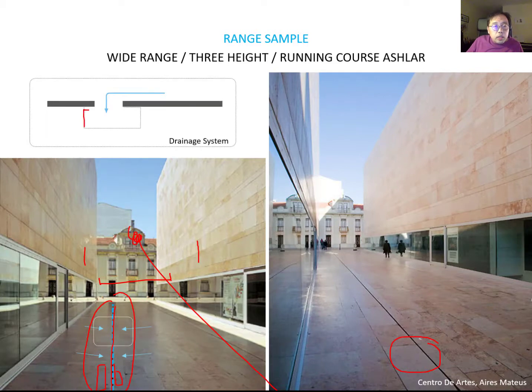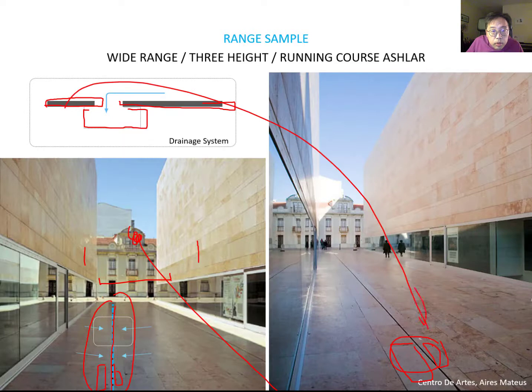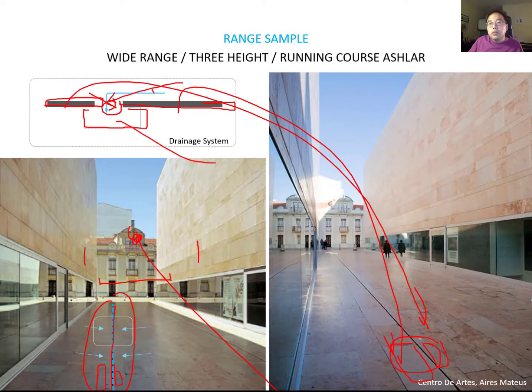They recessed the drainage system and covered it with two stone panels. So you can see one stone panel and another stone panel, which naturally makes the gap between them, and then it collects the water and redirects it from the site to the city sewage.